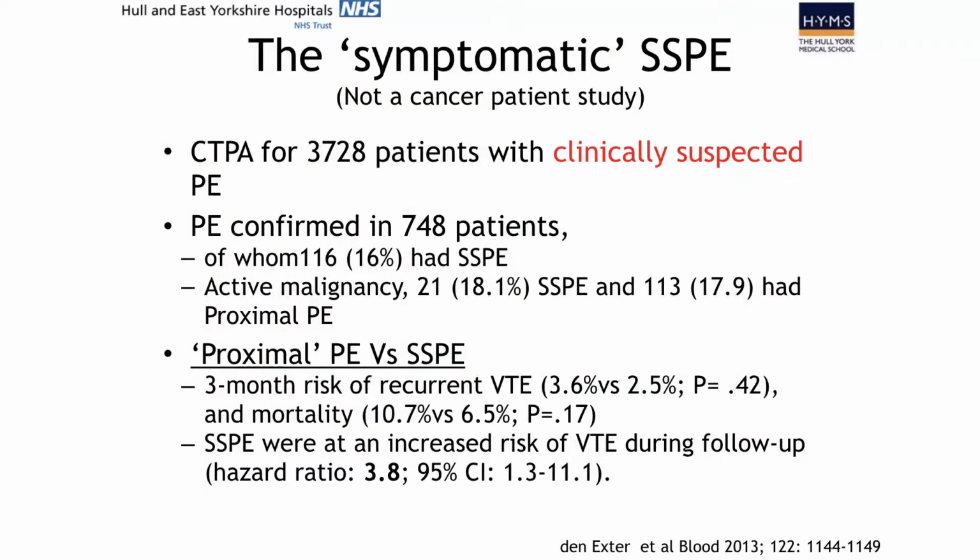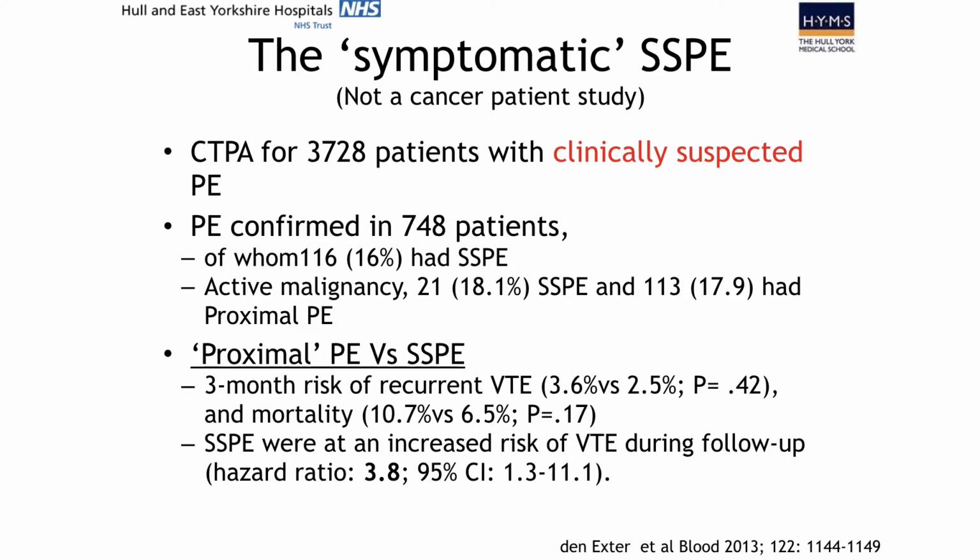Now, this paper was published by Dan Exter a couple of years back in Blood. It's a large pool of 2 studies, 3,700 patients who had a suspected clot. So they were all symptomatic. And that's why I'm coming back to the fact that if you want to manage these patients, don't forget the symptoms.